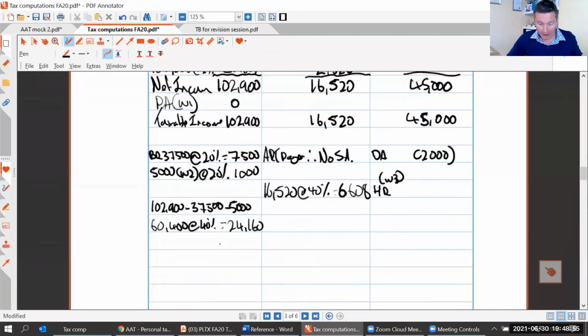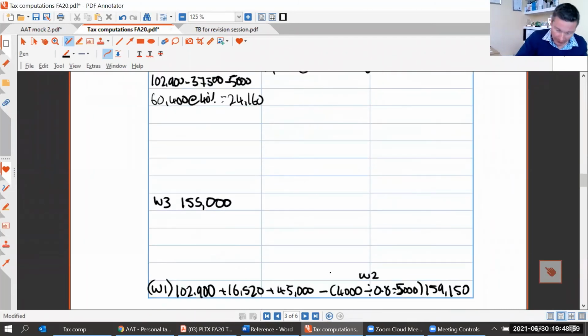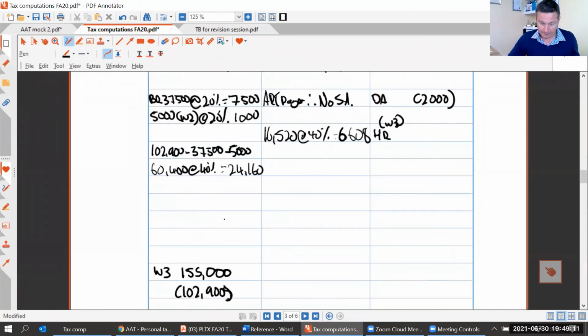Yeah, cool. So we're going to take off what we've taxed so far. So we take off £102,900, which is our non-savings income.